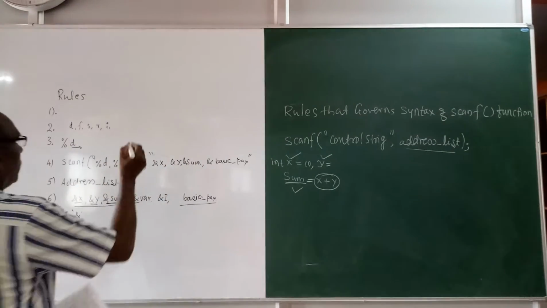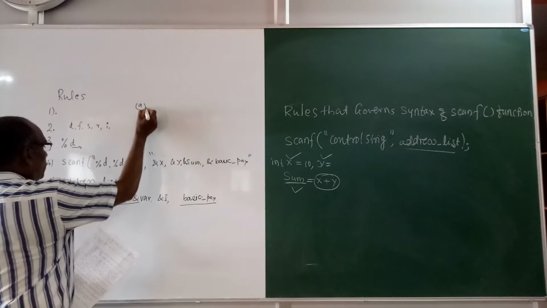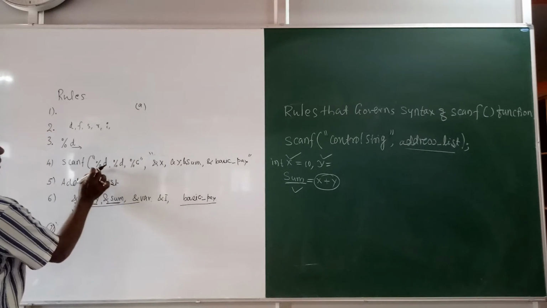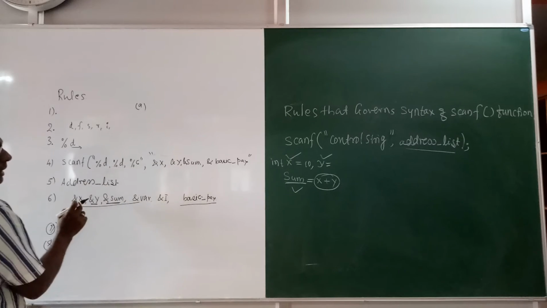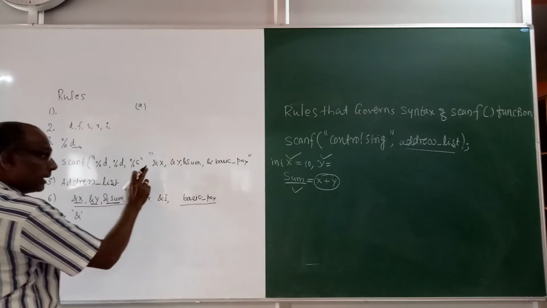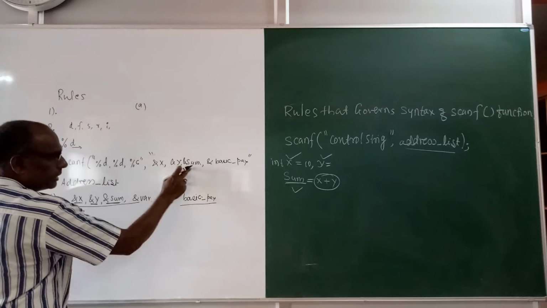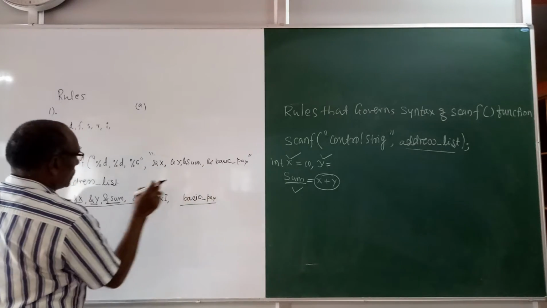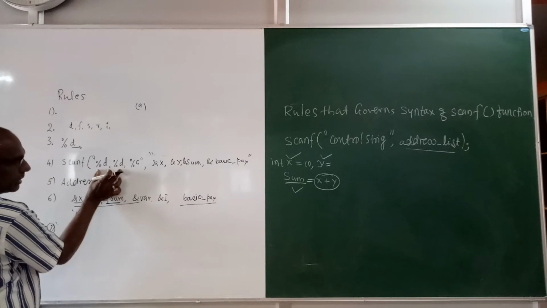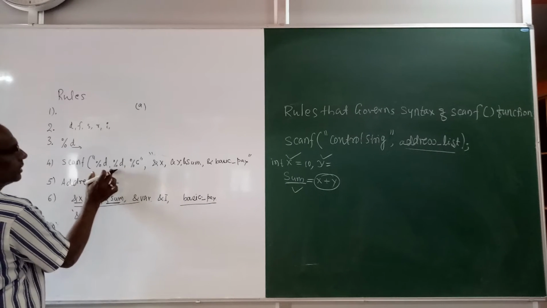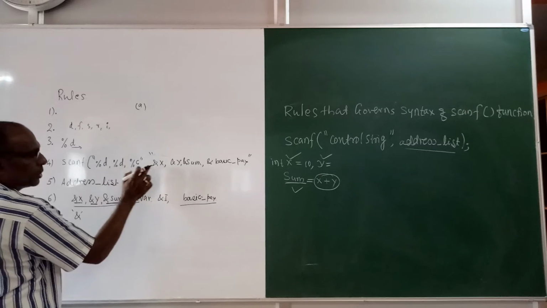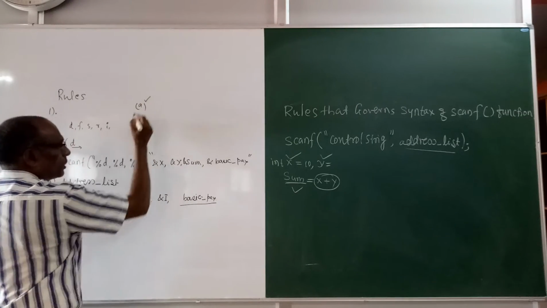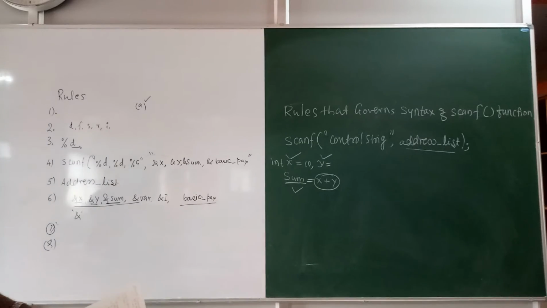That is rule number 9. Suppose we have a control string for 3 variables. In the address list, there should not be 4 addresses for 3 variables here. The control string is written for only 3 variables, so there must be 3 addresses. That's what rule number 9 specifies.